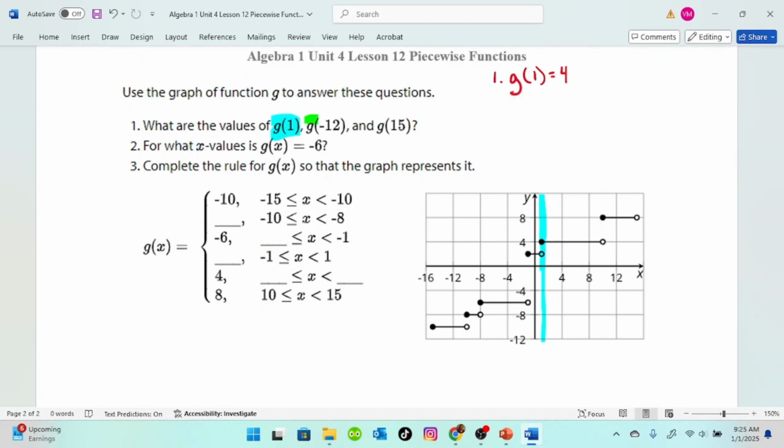Next, we have g of negative 12. So negative 12 is my input. I'm going to go left until x is negative 12, and I have this straight line.